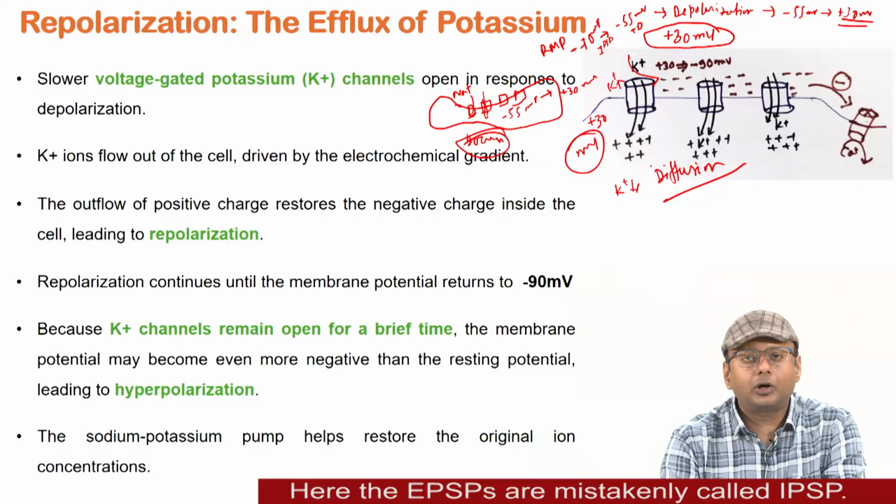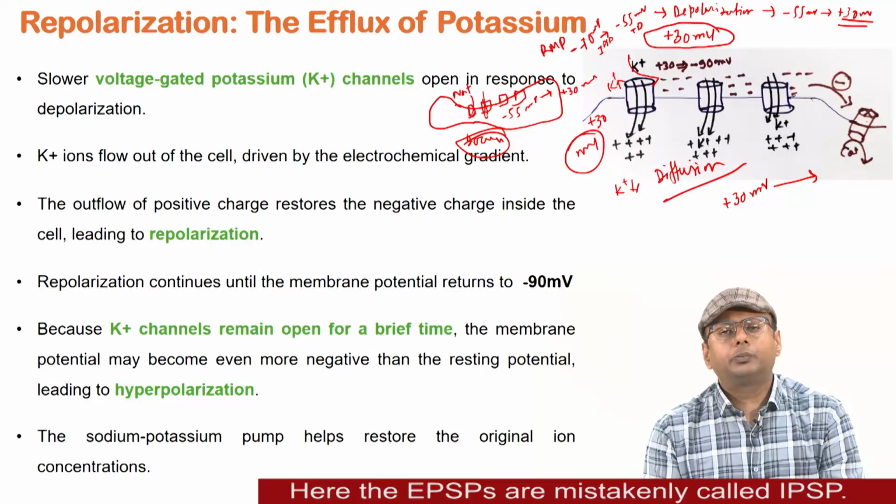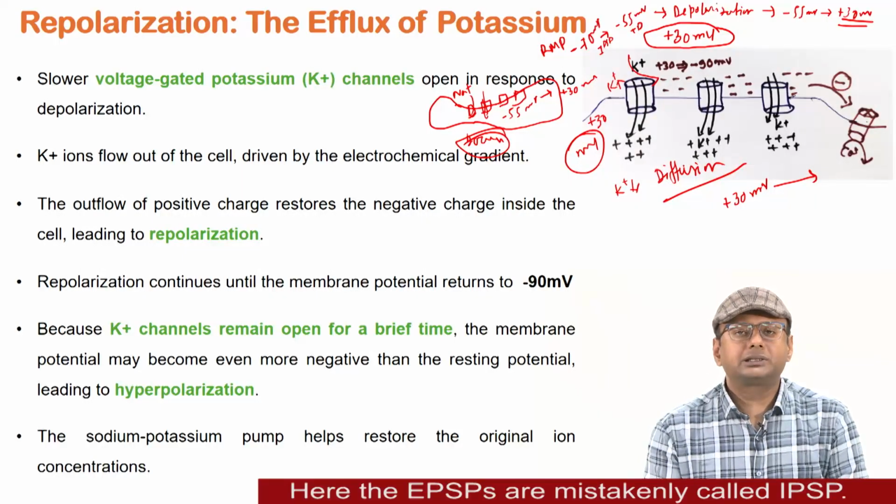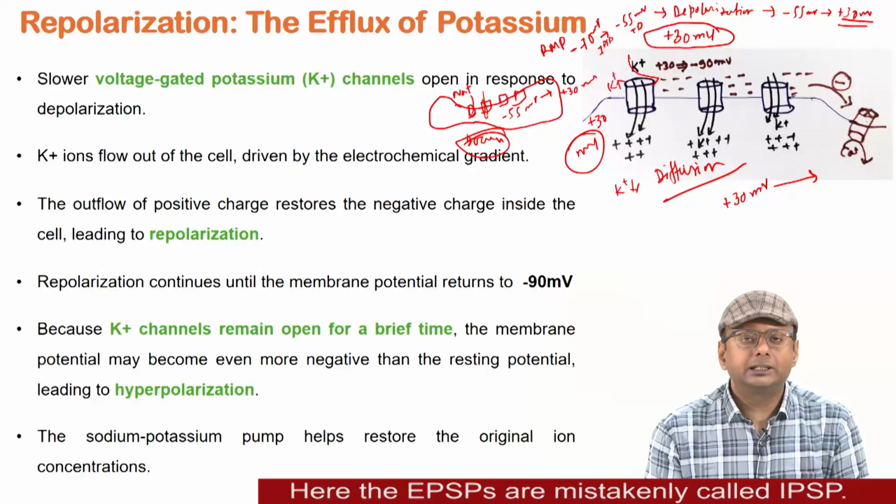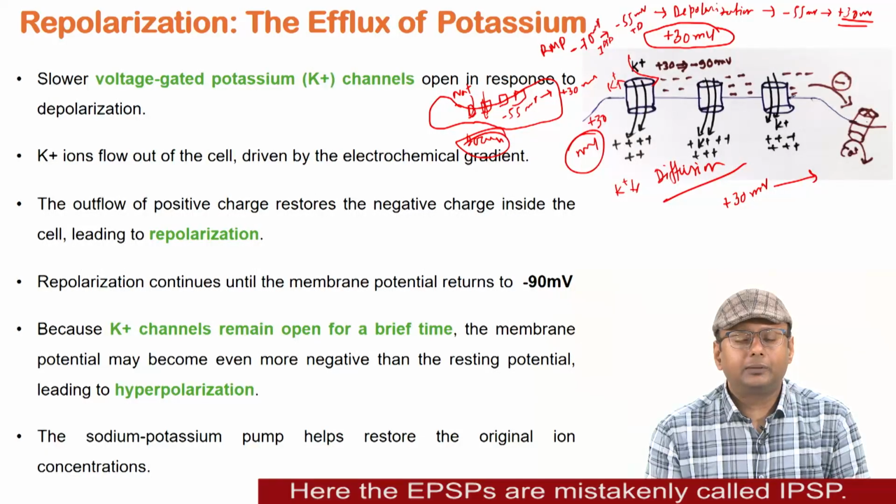And what would it cause to the potential? So initially the potential was plus 30 millivolt due to the depolarization wave, and now a huge number of potassium ions, which are positive in charge, will basically move out from the neuronal cell and come outside.